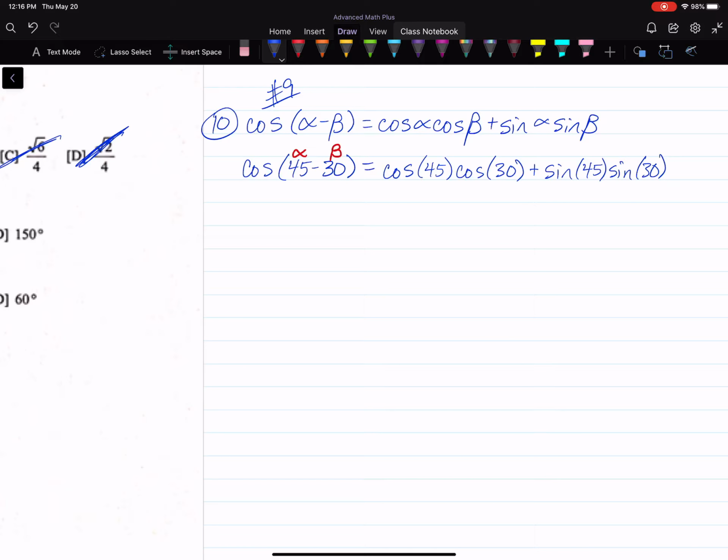And we look at our chart, which you have on your formula sheet, and the cosine of 45 is the square root of 2 over 2, times the cosine of 30, which is square root of 3 over 2, plus the sine of 45, which is also square root of 2 over 2, times the sine of 30, which is 1/2.